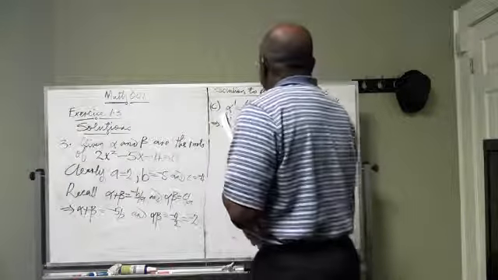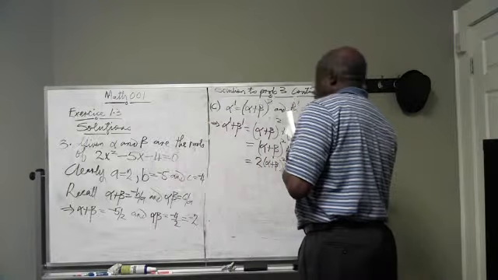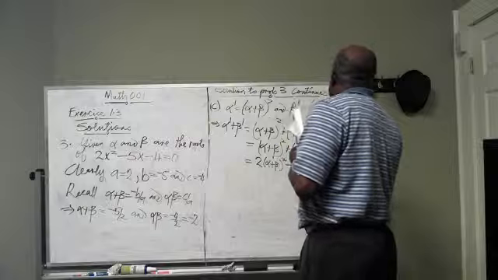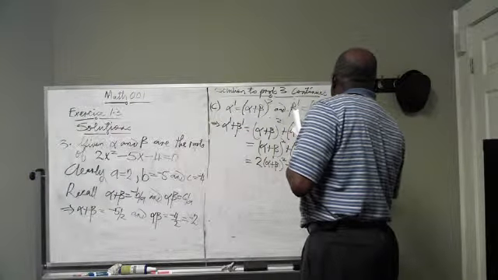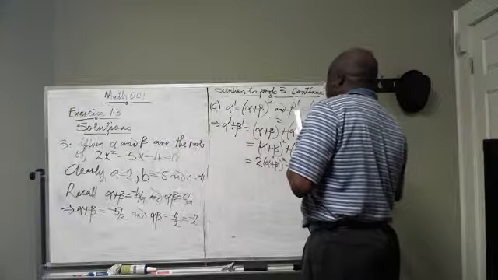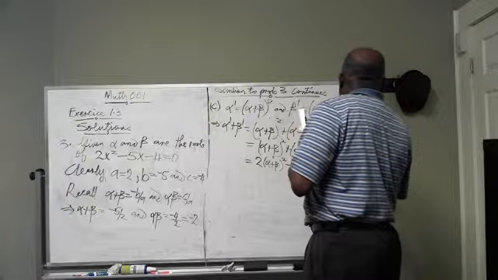If we substitute in figures, that gives us 2 into minus 5 over 2 all squared minus 4 into minus 2.